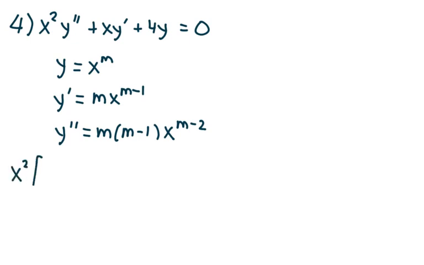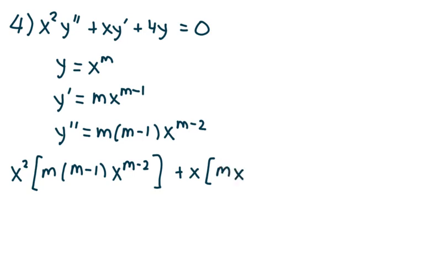I have x squared times m times m minus 1 x to the m minus 2, plus x times mx to the m minus 1, plus 4x to the m equals 0.